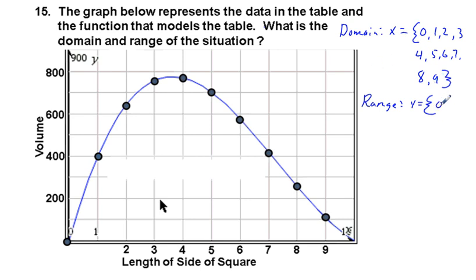So we put in 0, 396, 640, 756, 768, 700, 576, 420, 256, 108.